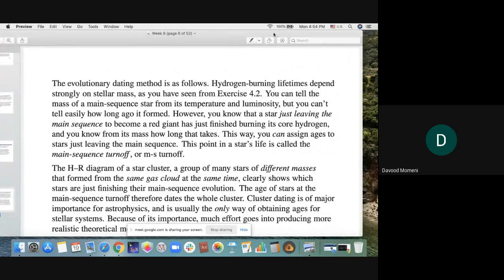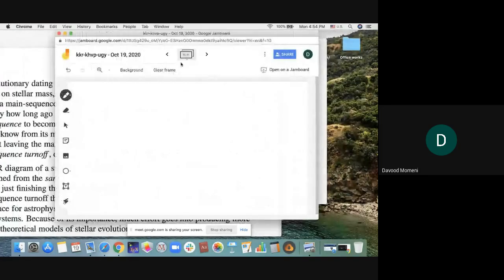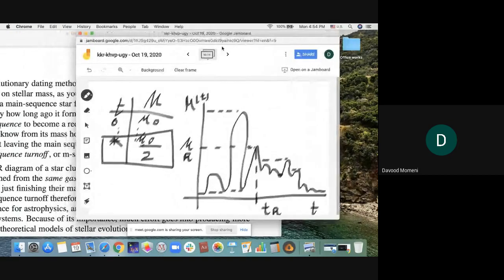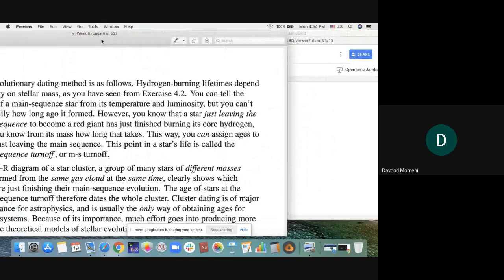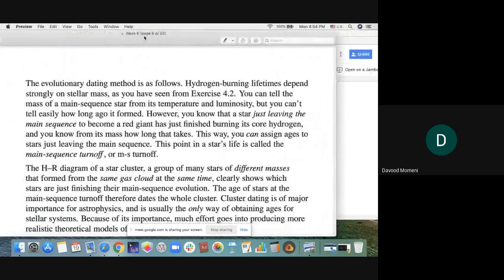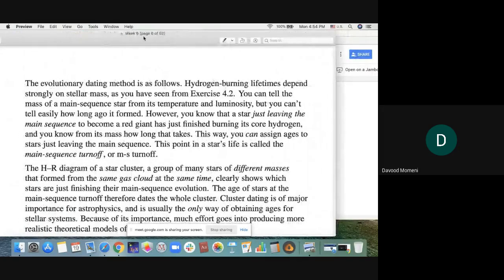The evolutionary method gives the estimation, as I mentioned here, for the mass of the object during the process. So the evolutionary technique has some steps. First we need the hydrogen burning lifetime. This depends on the mass, as you see.